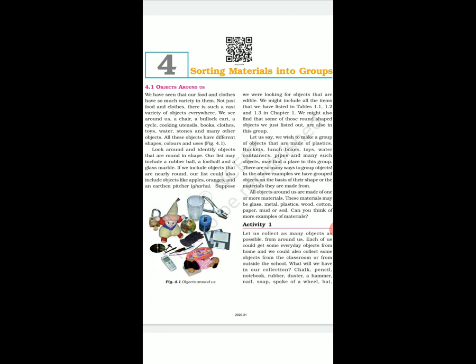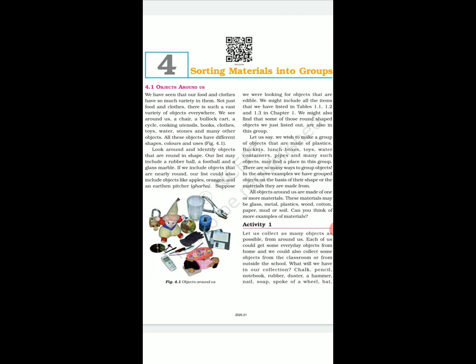Now separate all objects from this collection that are made from paper or wood. This is one group which you can classify. Either they are made from paper or wood or any others, right? So you can get paper and wood.